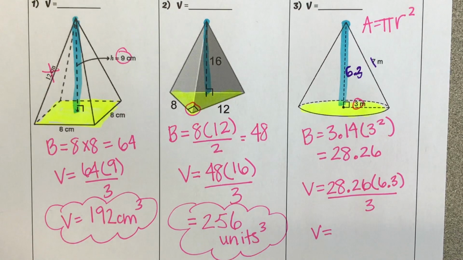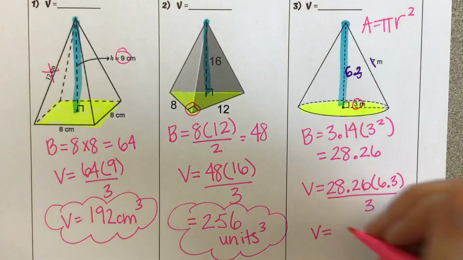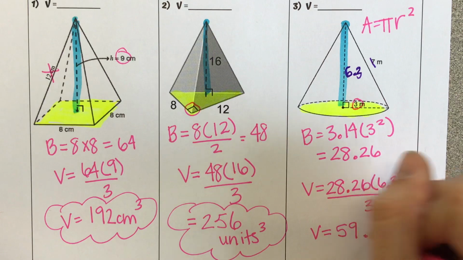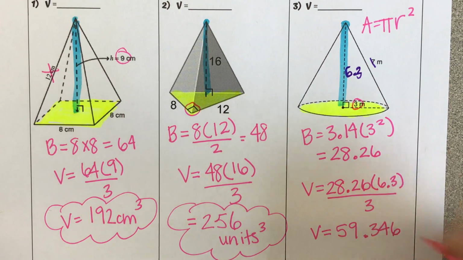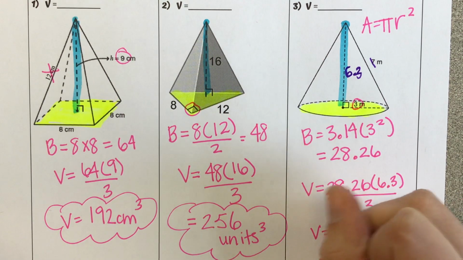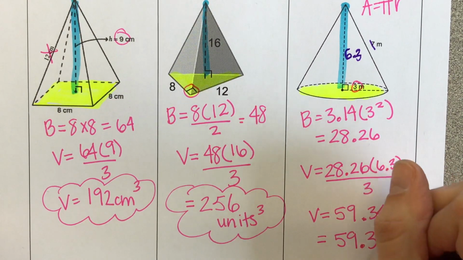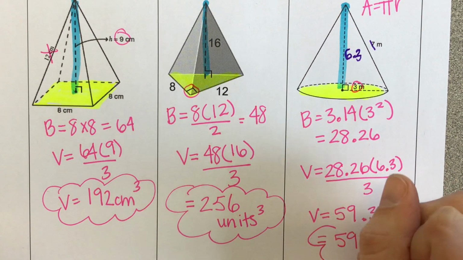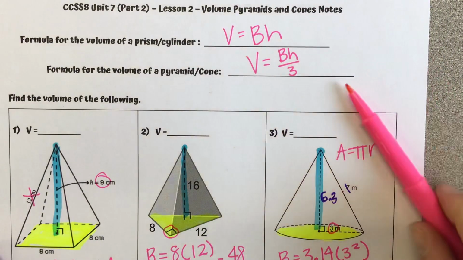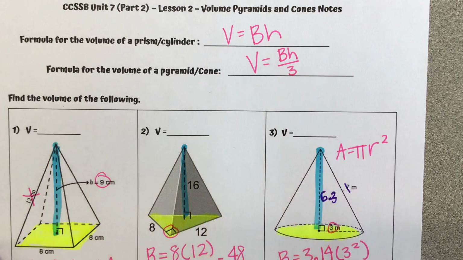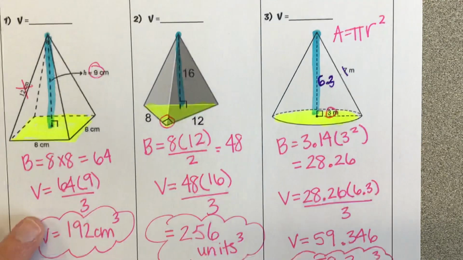So we've got 28.26 times 6.3 divided by 3 is 59.346, which I'm going to round to about 59.3 meters cubed. So just as a quick reminder, the reason that that couldn't be used, that was our slant height, not our perpendicular height. And that is it.